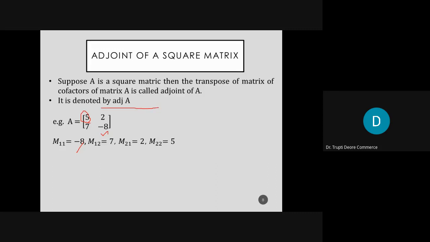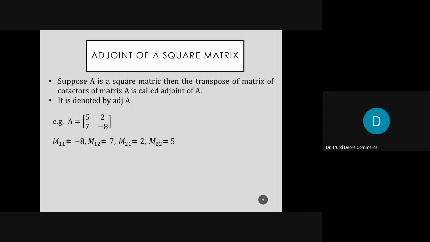It means first row first column, then first row second column, then second row first column, then second row second column. Why is it needed? So that you can fix the elements properly in your matrix. It will be easy for our further calculation.